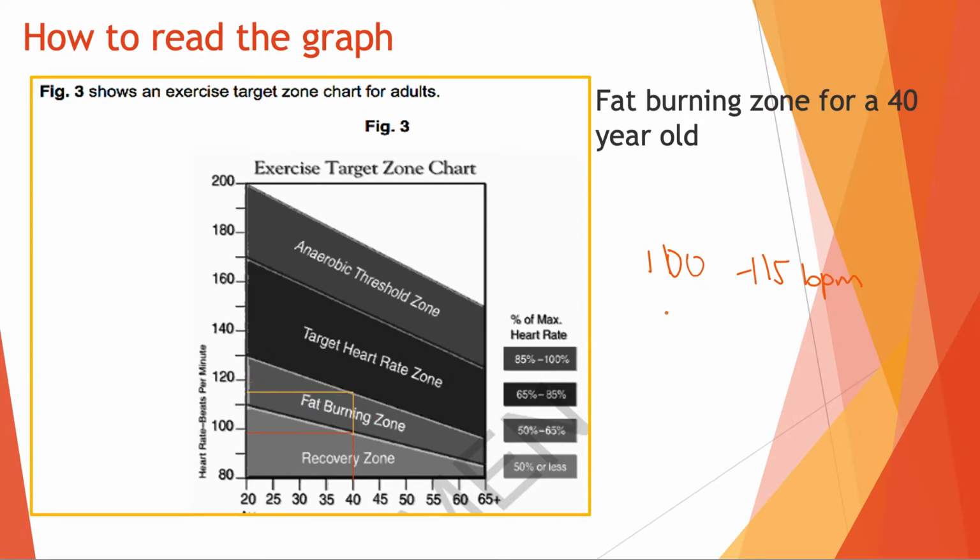And that's because an older person has a lower maximum heart rate. Maximum heart rate decreases with age. And of course, all the time here, we're working at a percentage of our maximum heart rate. So if our maximum heart rate is lower, then our working heart rate is going to be lower.